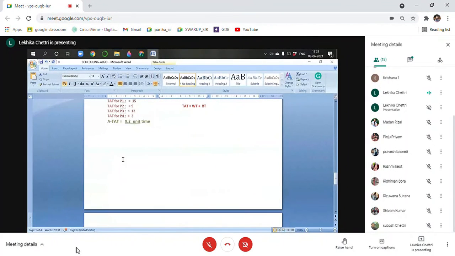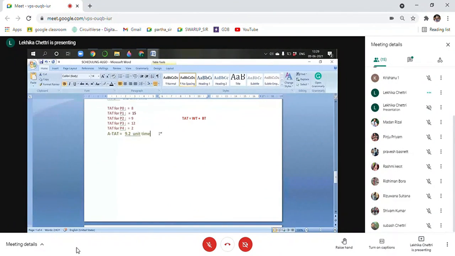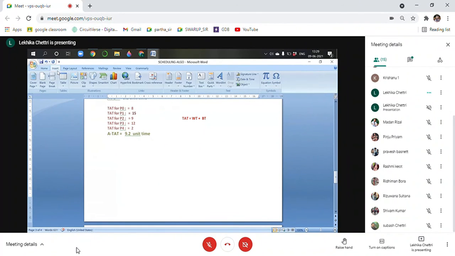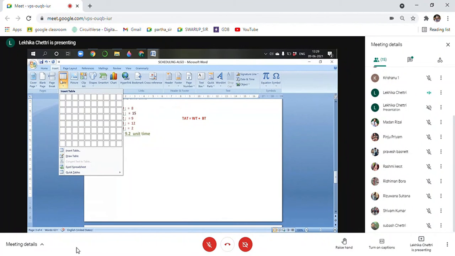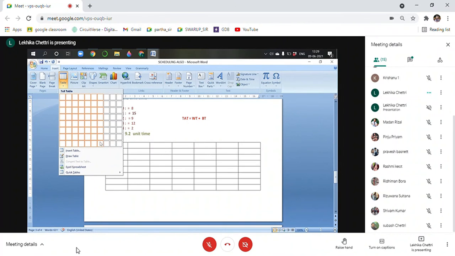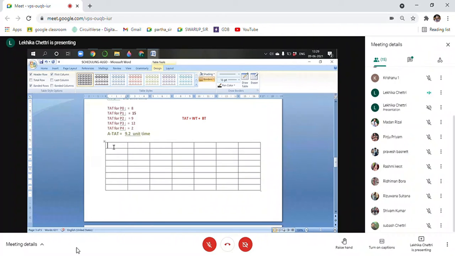At the end you will prepare one table. Okay, so like this, let me do. Now make a table. What you will do is write processes.